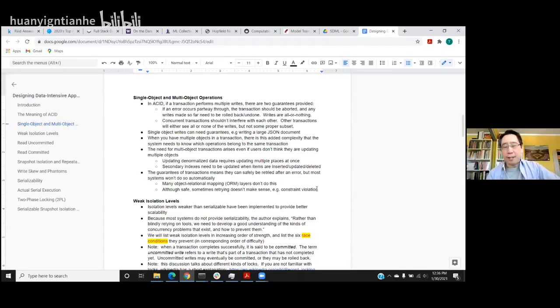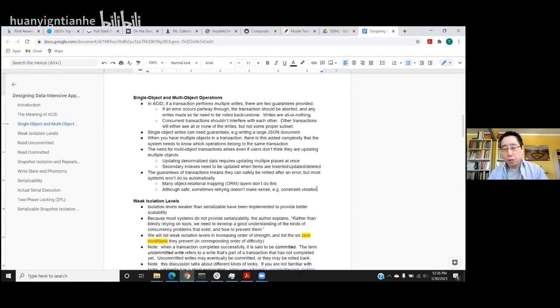But he explains that there are other cases that look similar to 2 different objects, even if they're not technically. An example would be if you're writing a large JSON document, it can actually take time, and on a disk, that document can span multiple blocks.